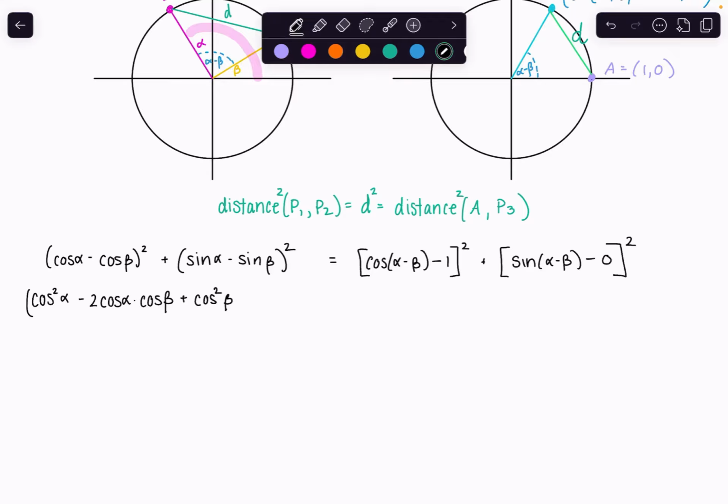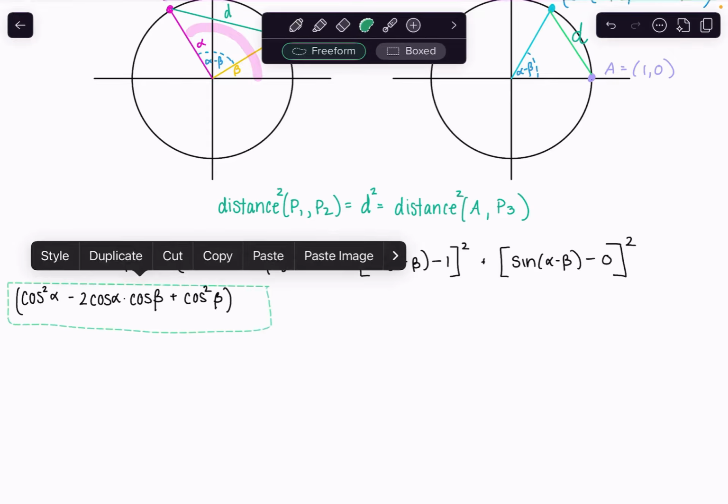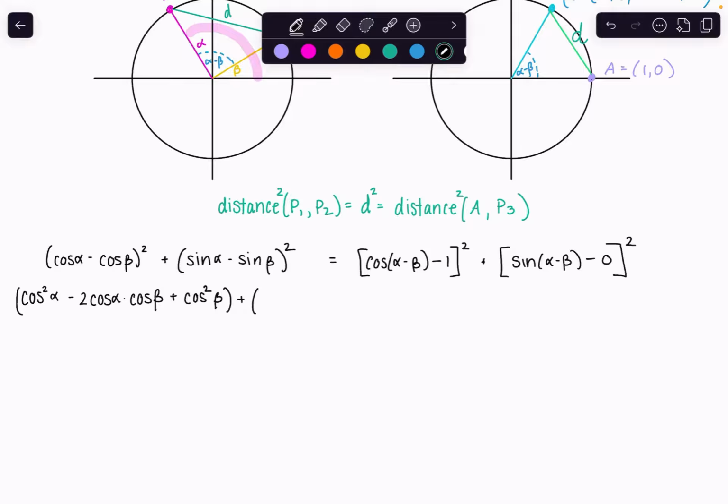Same thing with the sine. Put some parentheses around it to make life a little easier to keep track. This gives us sine squared of alpha minus 2 times the product of these, and then plus sine squared of beta.